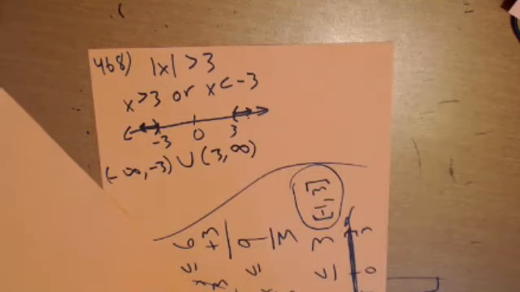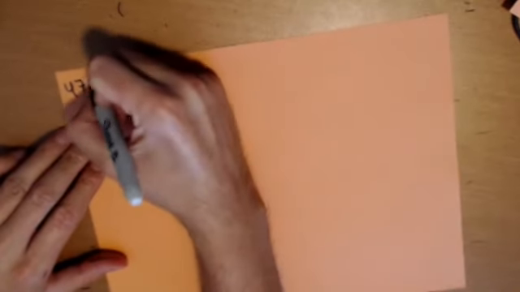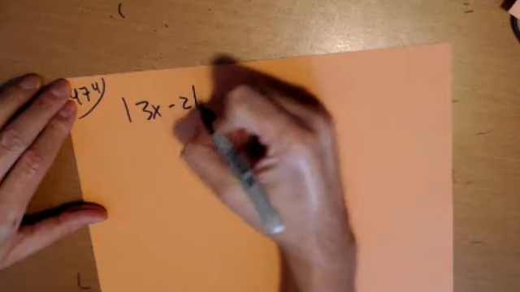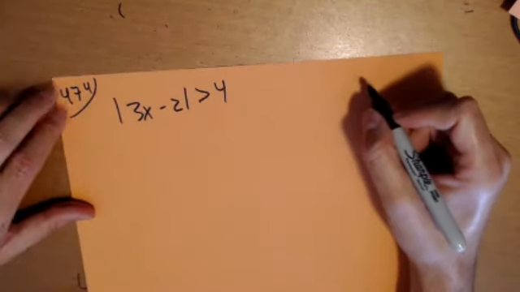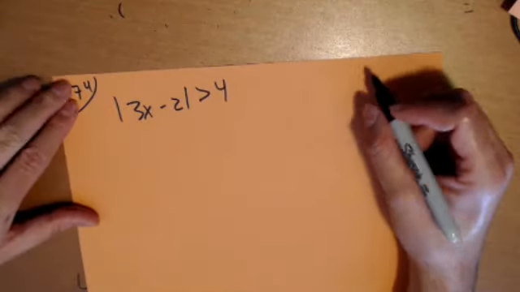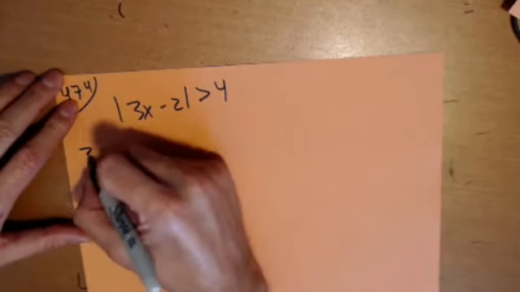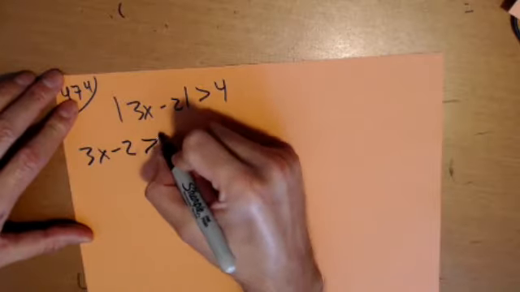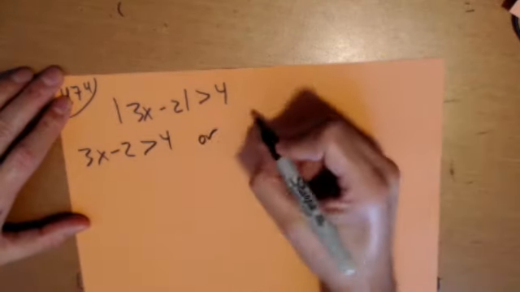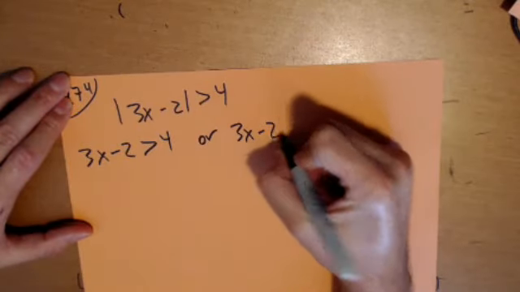And let's see. Oh gosh, let's try 474. 474. Absolute value of 3x minus 2 greater than 4. Absolute value bars are alone. Okay, it's a greater than. Okay, the greater than is the double switcheroo. So the first thing I write down is as if I don't see the absolute value bars, and I put the word or, and then I write it with the double switcheroo.